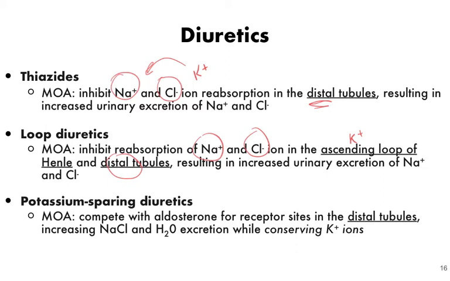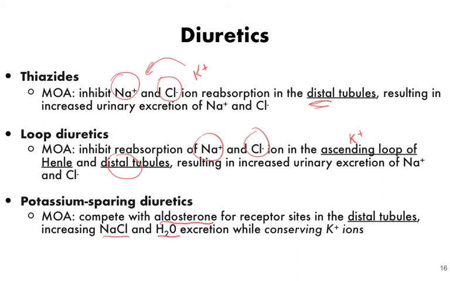So by competing for aldosterone, those diuretics that are potassium sparing are increasing sodium chloride and water excretion into the urine. Similar function as the loop diuretics in that way. The water is following the sodium and chloride ions into the distal tubules.